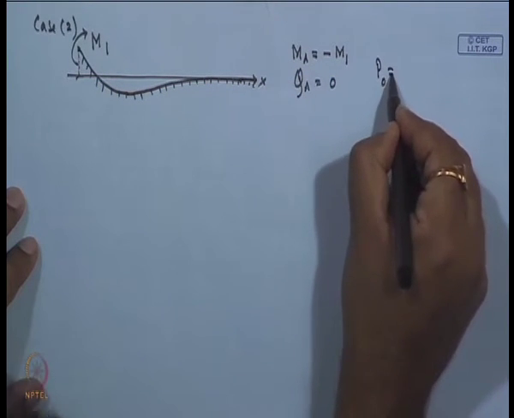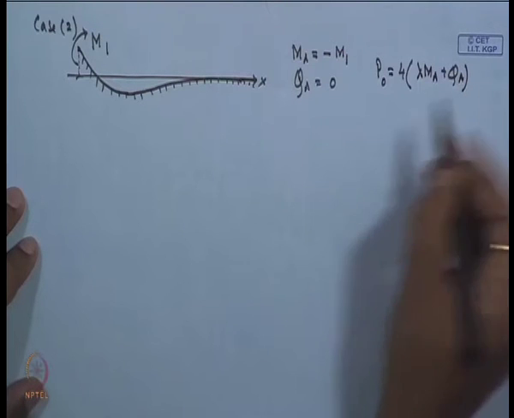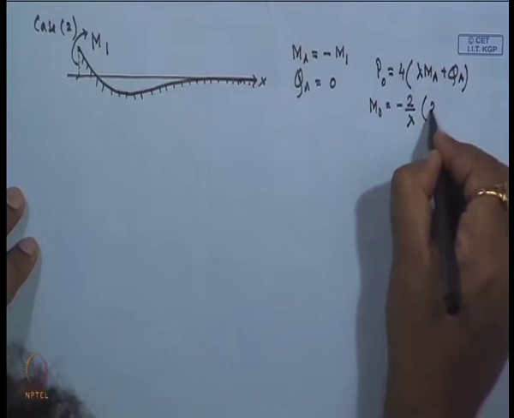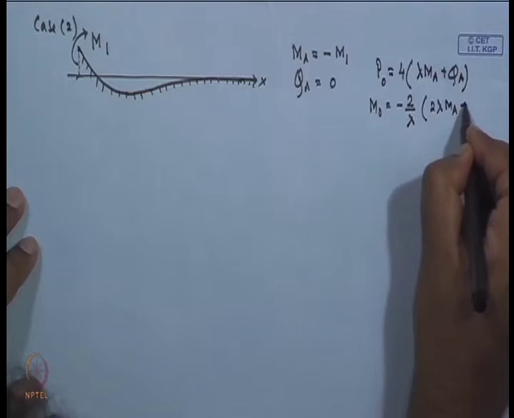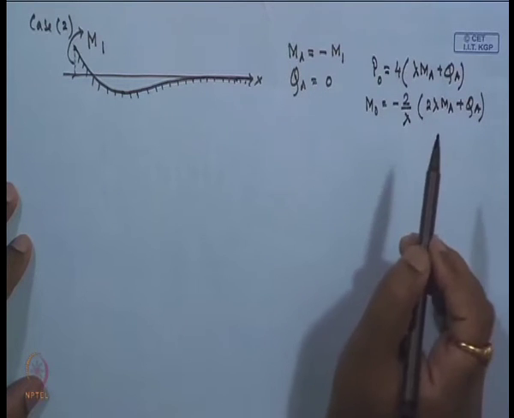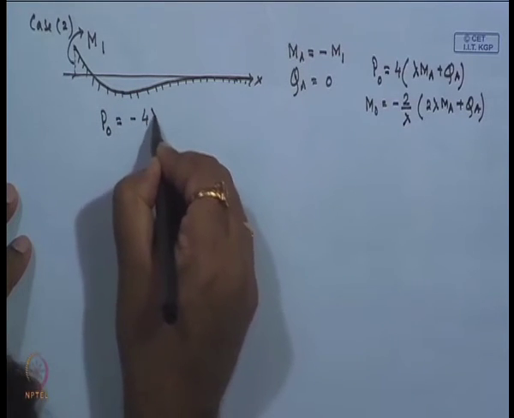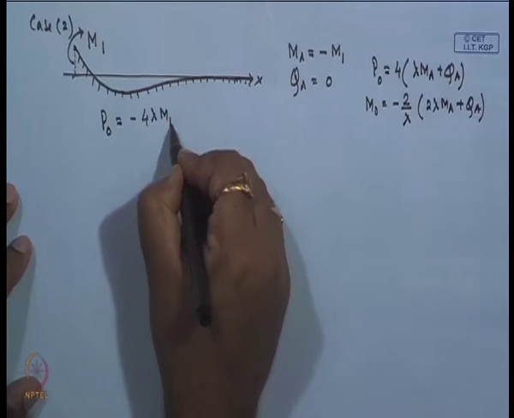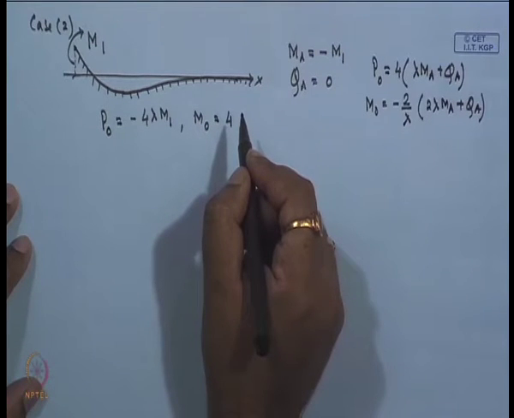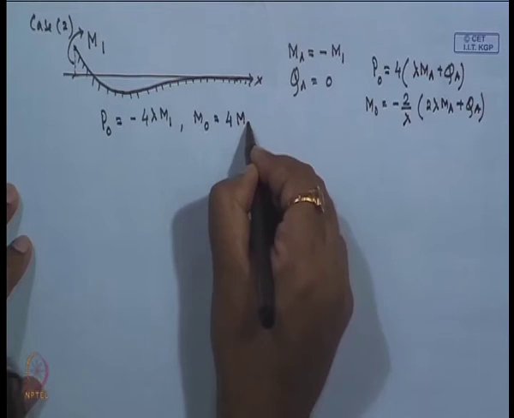P 0 is equal to 4 lambda times M A plus Q A, again M 0 is equal to minus 2 lambda M A plus Q A. Now, if I put Q A equal to 0 and M A equal to minus M 1, then finally we will get P 0 as minus 4 lambda M 1 and M 0 as 4 M 1.